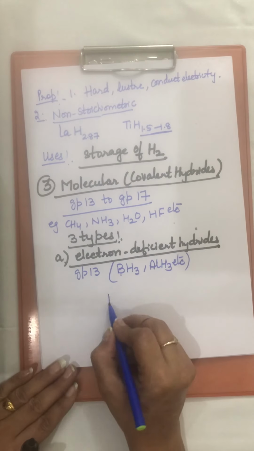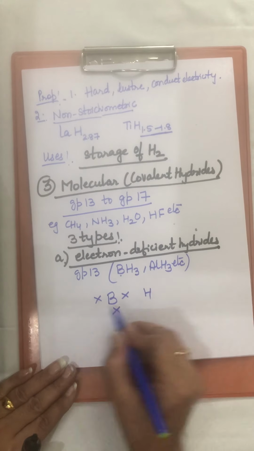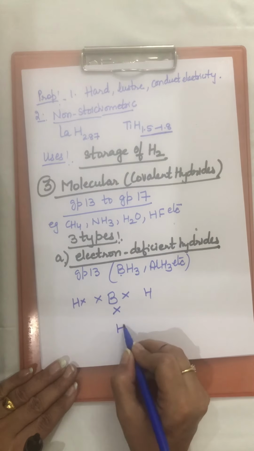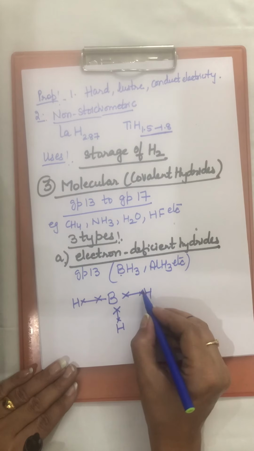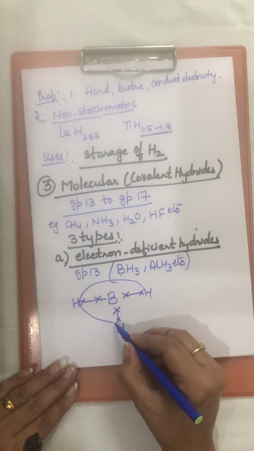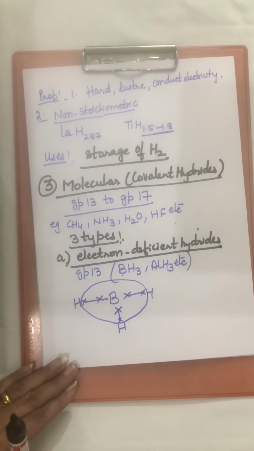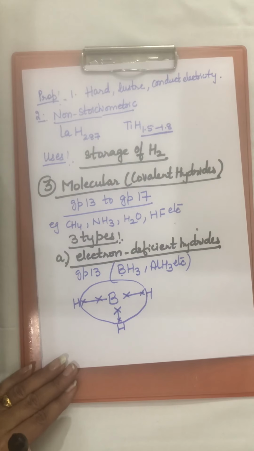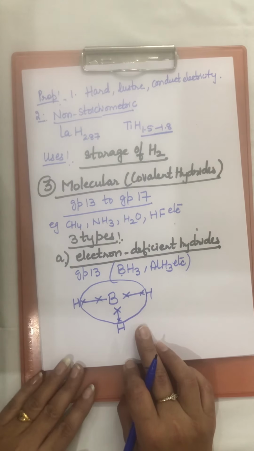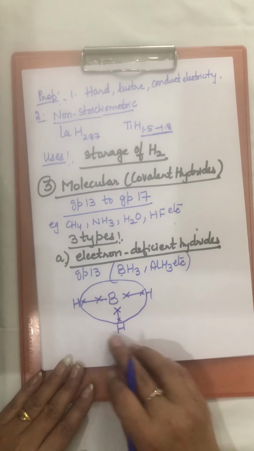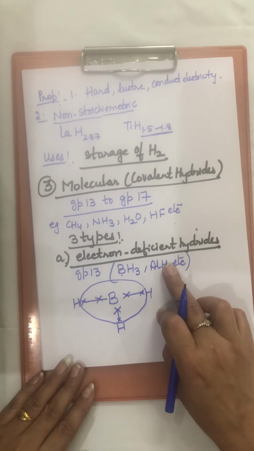Like boron has 3 electrons in its last shell. When it is combining with hydrogen atoms, it will have 6 electrons, not 8 electrons, in its last shell. So it is electron deficient in nature. Since it has less than 8 electrons in its last shell, it is an electron deficient hydride.